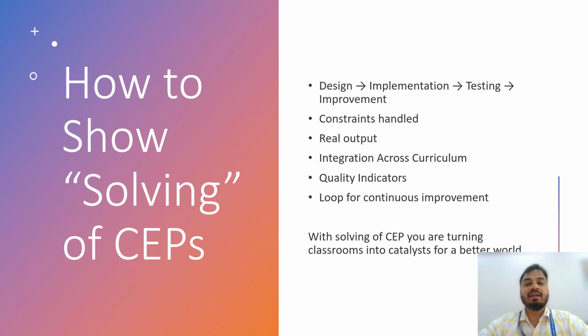This has to be integrated across the curriculum once the curriculum is framed with respect to the outcome based approach. Then we have to check for the quality indicators of complex engineering problems. Then look for continuous improvement. Complex engineering problem has to go on getting added with respect to various constraints and solving, based on a certain level at which we start in year one.